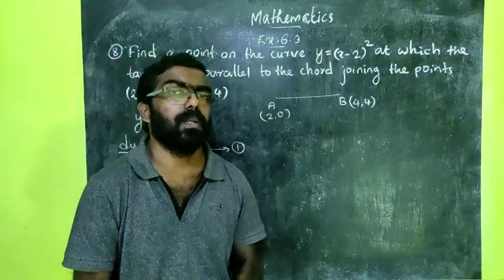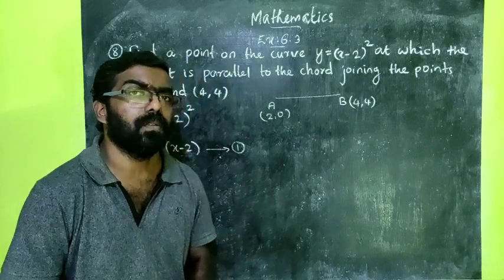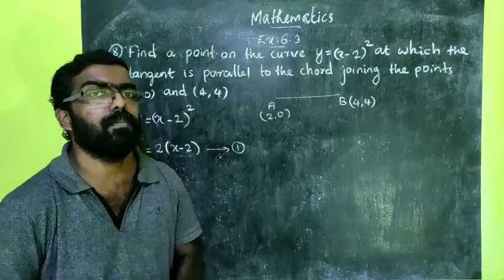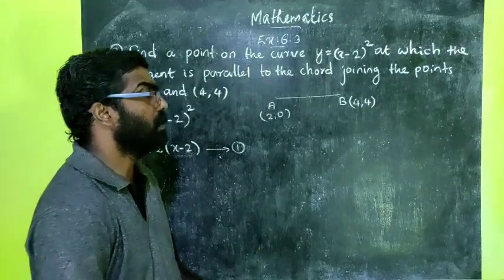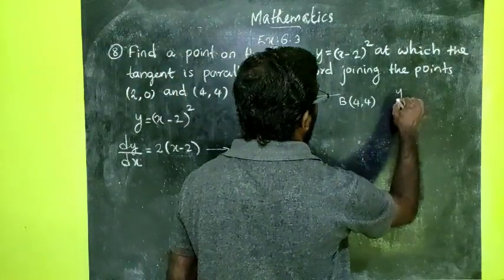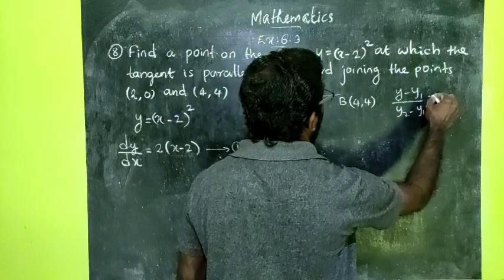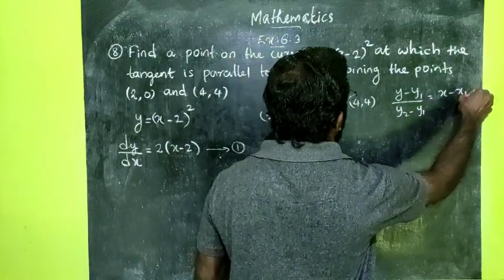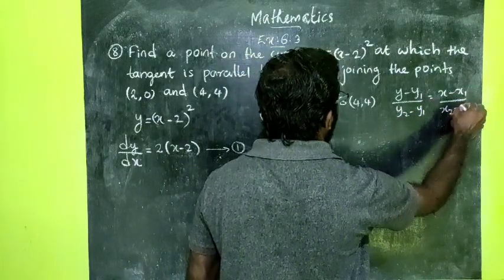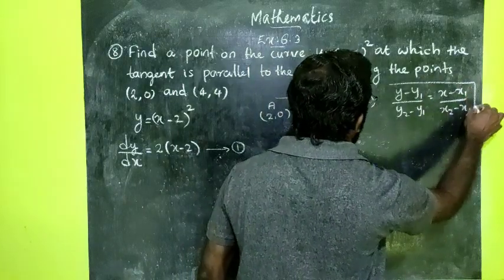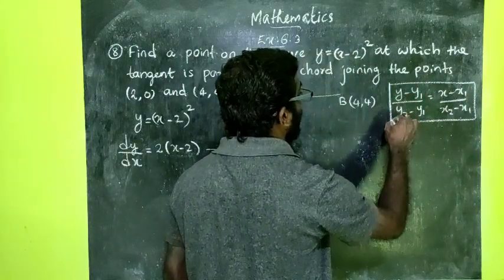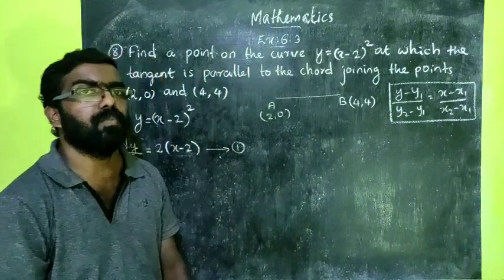So you all know the equation of line joining 2 points, 2-point form. Equation of a line passing through 2 given points as y minus y1 by y2 minus y1 equal to x minus x1 by x2 minus x1. That you have learned in 11th standard. Okay, equation of a line in 2-point form.